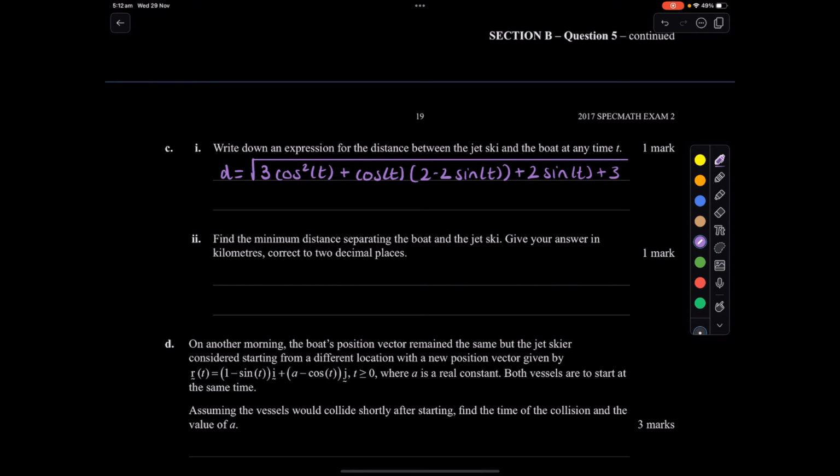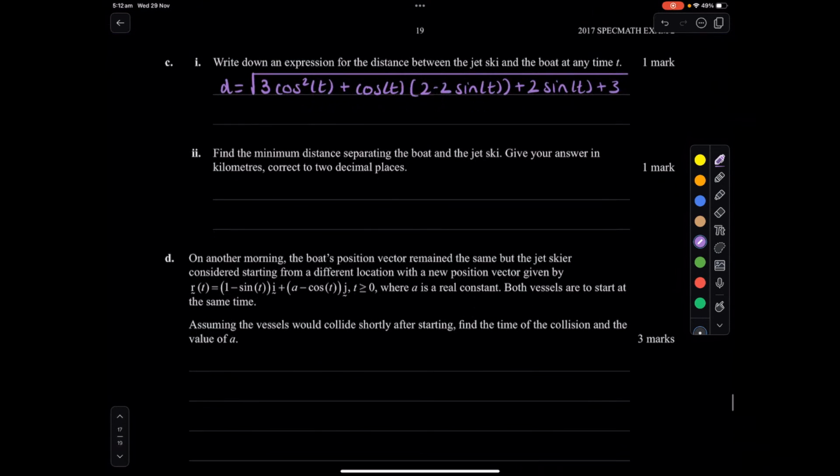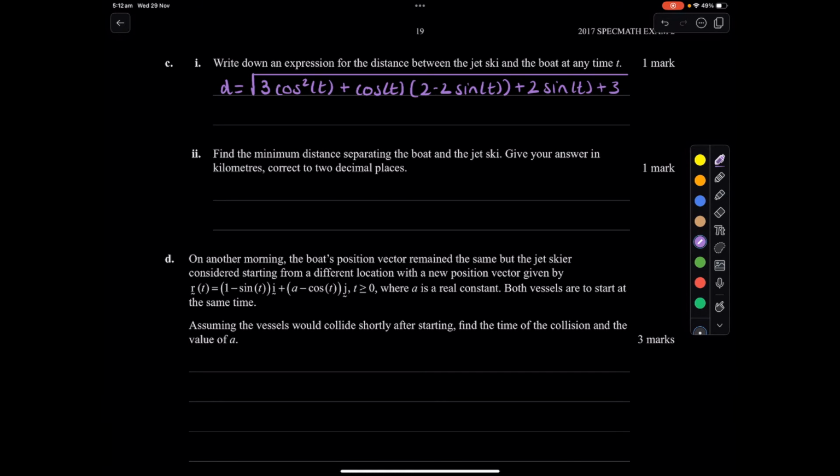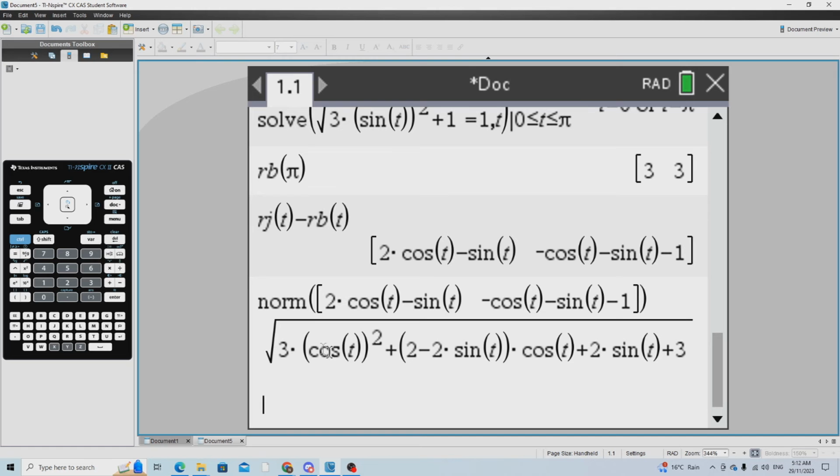That's it. That's an expression. Find the minimum distance separating the boat and the jet ski. Give your answer in kilometers. Okay, nice and easy. So we have the distance formula.